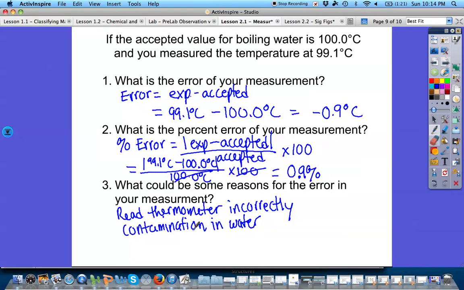All of those things are reasons that you did not measure it to be 100 degrees Celsius. So explain that with your labs this year.